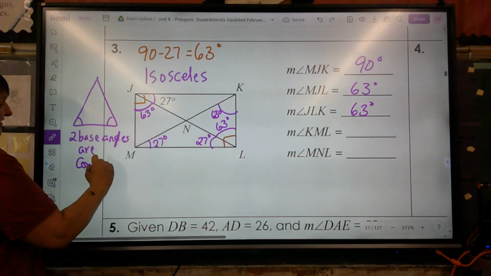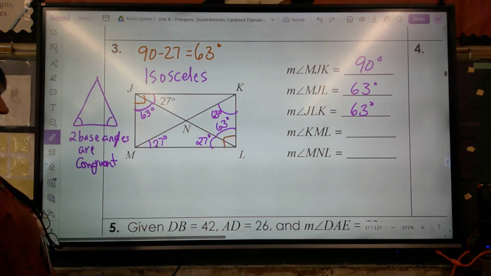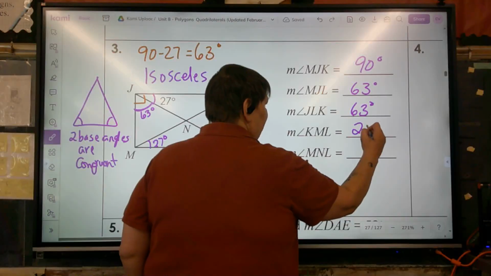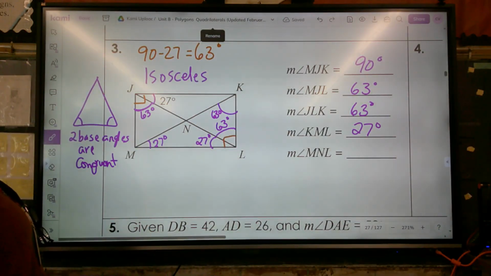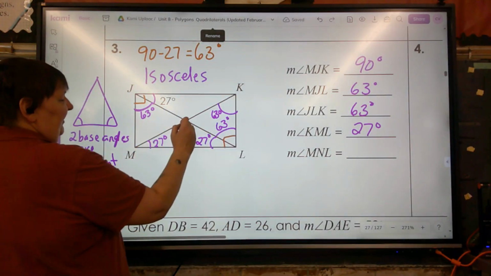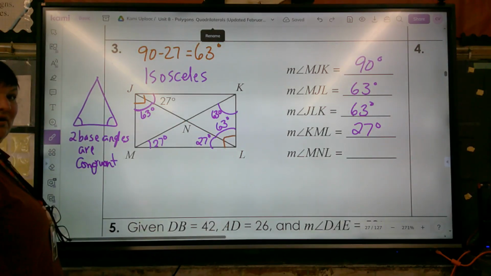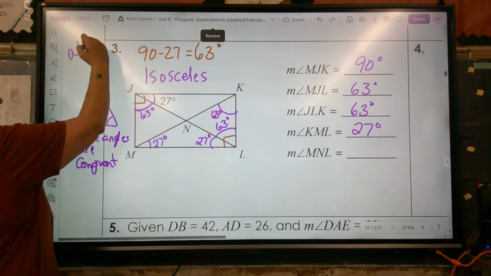I know, we're going back in time here to remember some of our stuff about triangles. Right, so we can say KML is 27. We know that now. And MNL. Well, what do we know about triangles in general? We know all triangles have to equal 180.